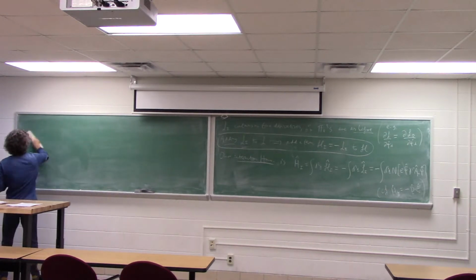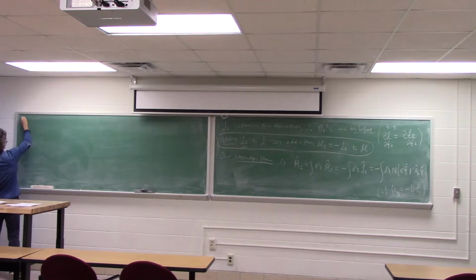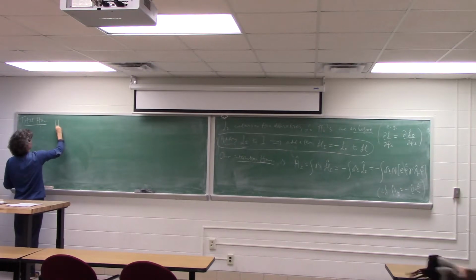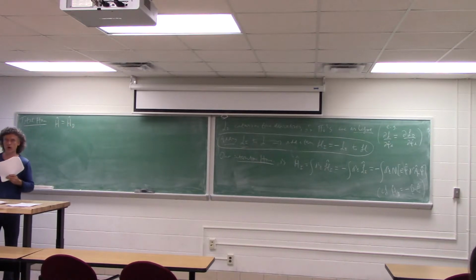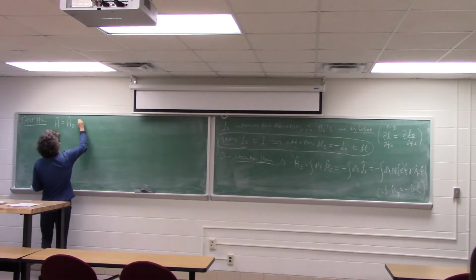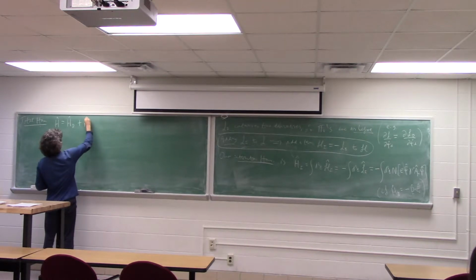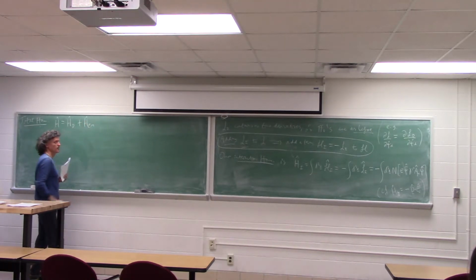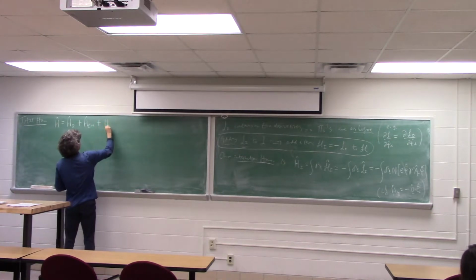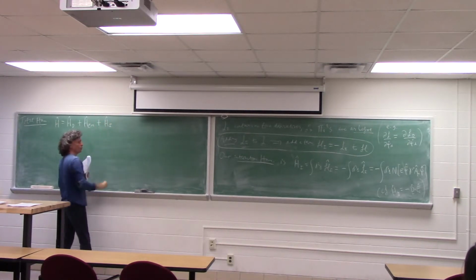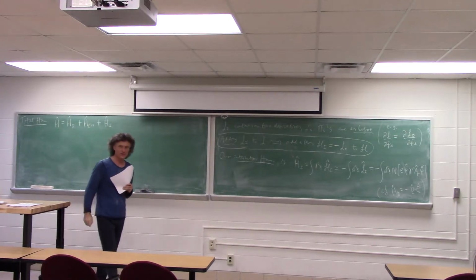So we have our total Hamiltonian, which is equal to the Dirac Hamiltonian that you know all about, plus the electromagnetic Hamiltonian, which you know all about, plus this new term, which you're going to learn to know and love.